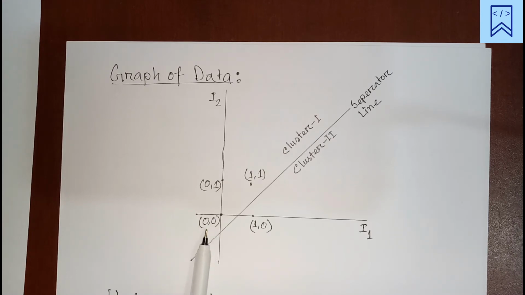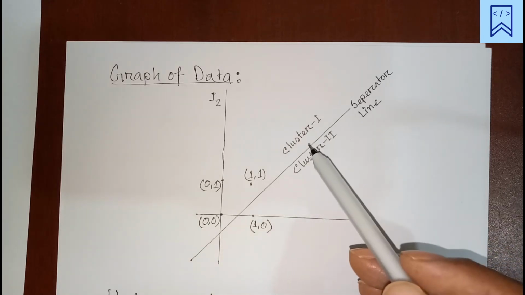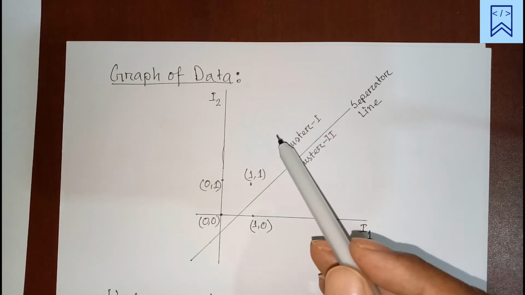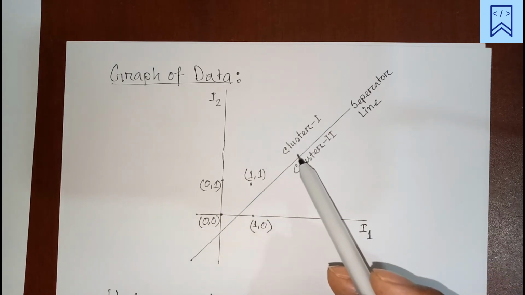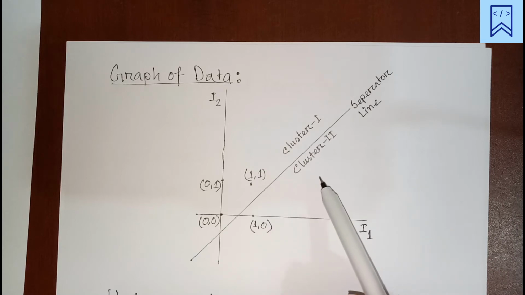So if we represent the value in the graph, the point 0 0 will be here, 0 1 will be here, and 1 0 will be here, and 1 1 here. If we divide the data with a separator line, then we can define this data into cluster 1 and this data into cluster 2. So this separator line separates this data into clusters.